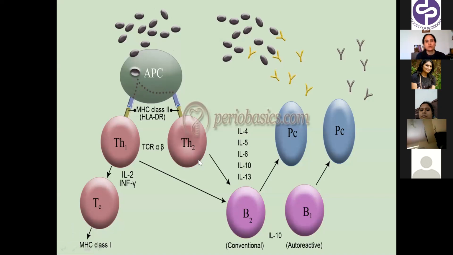And Th2 will actually function in relation with the B cells and it will become a blast stage and ultimately produce antibodies which are specific towards that particular antigen. So this is the sequence of events, how the antigen presenting cell will differentiate different types of T cells, and ultimately B cells lead to plasma cells and will lead to the formation of antibodies.